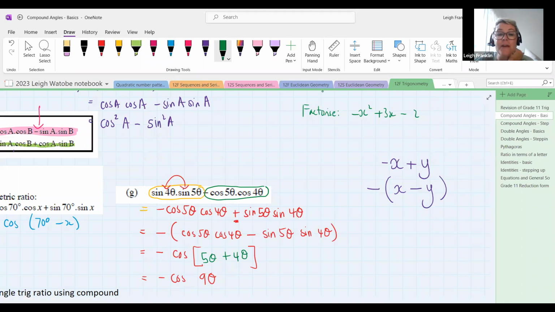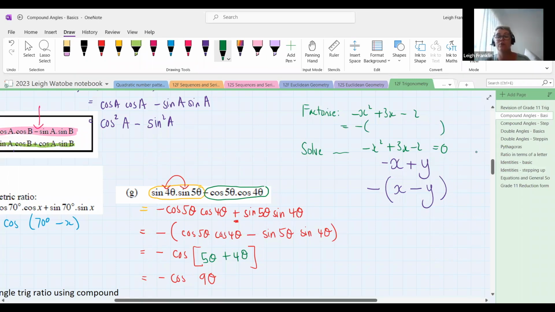If they said solve for x, and you had minus x squared plus 3x minus 2 equals 0, then you can divide each term by minus 1. But if you are factorizing, you can only take out a negative, because it's an expression, not an equation. So you can't divide through by minus 1.